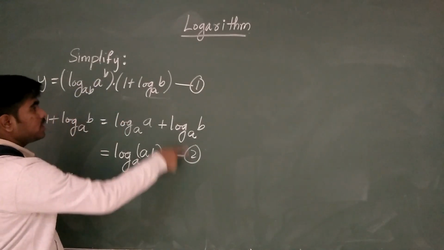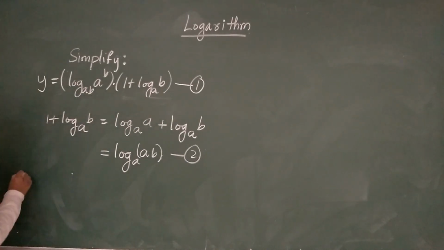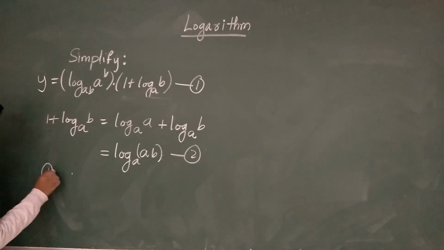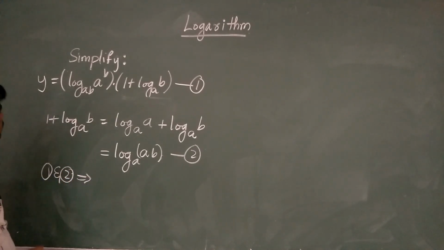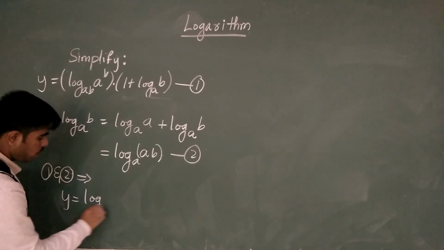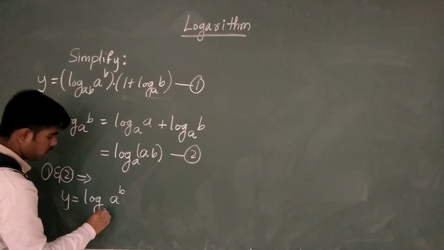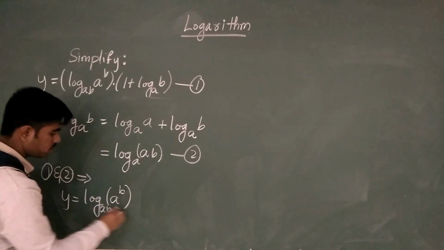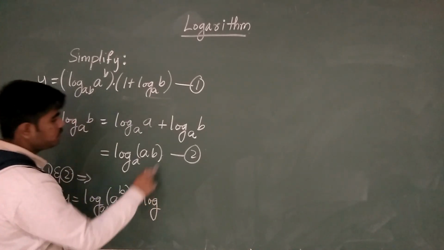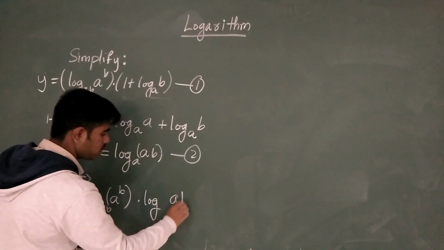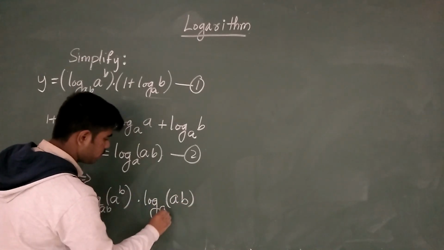If I substitute this into equation 1, what happens? Equations 1 and 2 both imply I can write this as y is equal to log of a raised to b into ab, into log of ab to the base a.